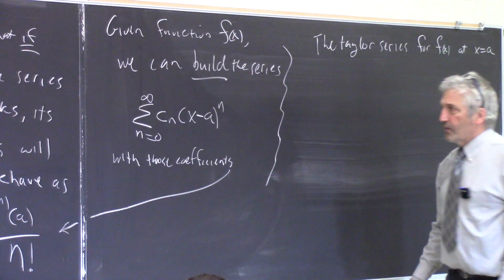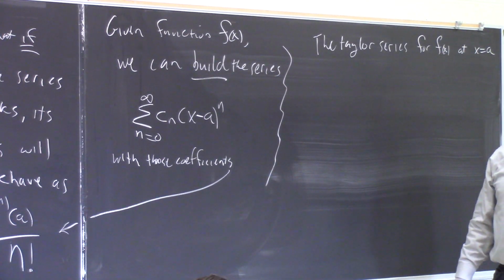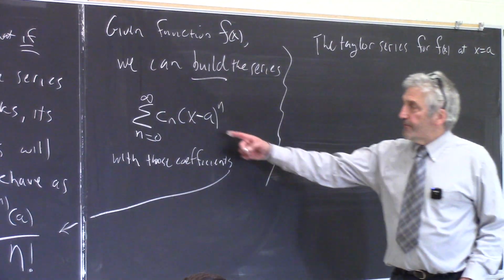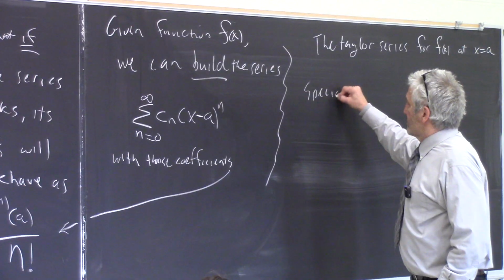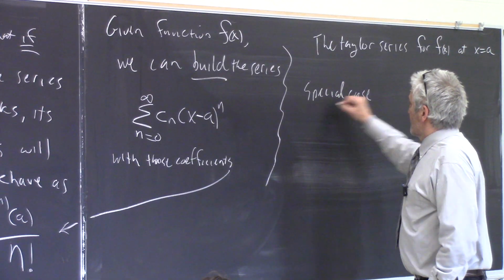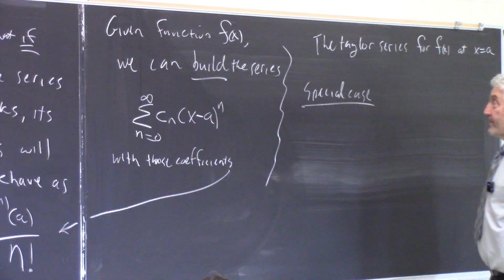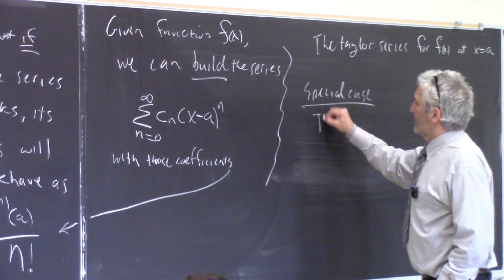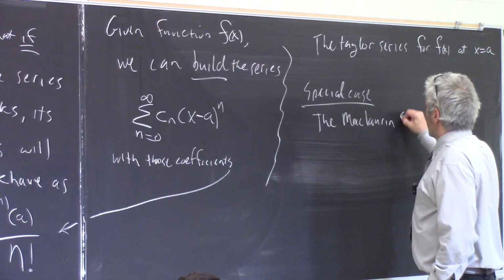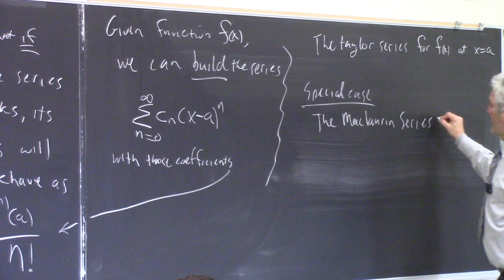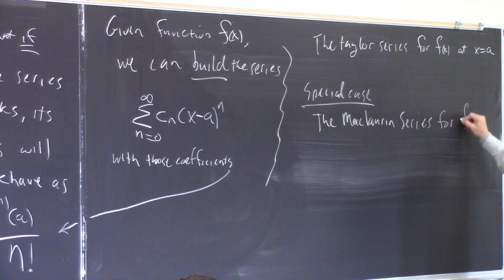Now, in the special case where we have the number a being the number 0, we get what's called the Maclaurin series for f of x. And this is just the Taylor series at x equals 0.